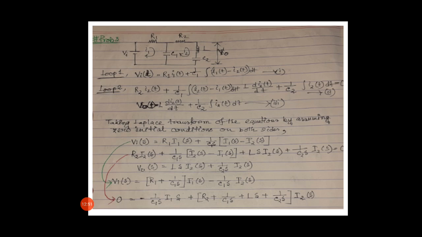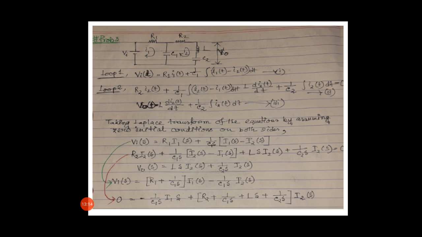After Laplace transform of the second equation, this equation is R2 I2(s) plus 1 by C1s into (I2(s) minus I1(s)) plus L into s into I2(s) plus 1 by C2s into I2(s) is equal to 0.